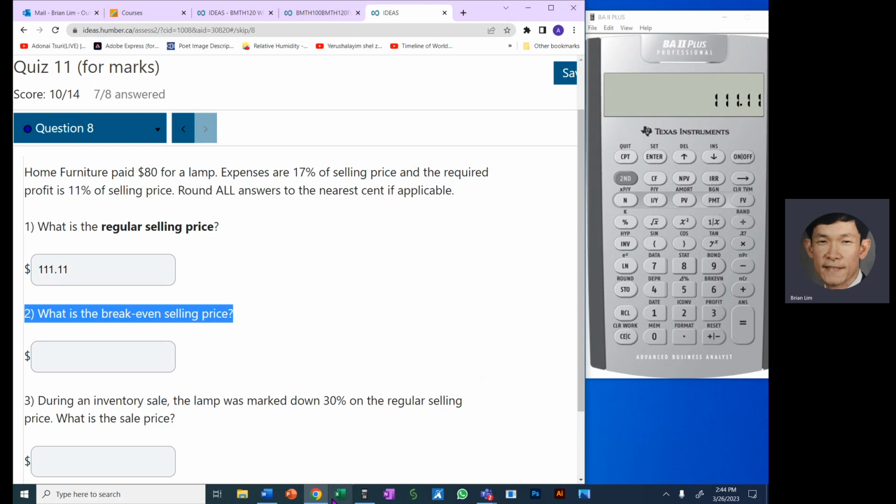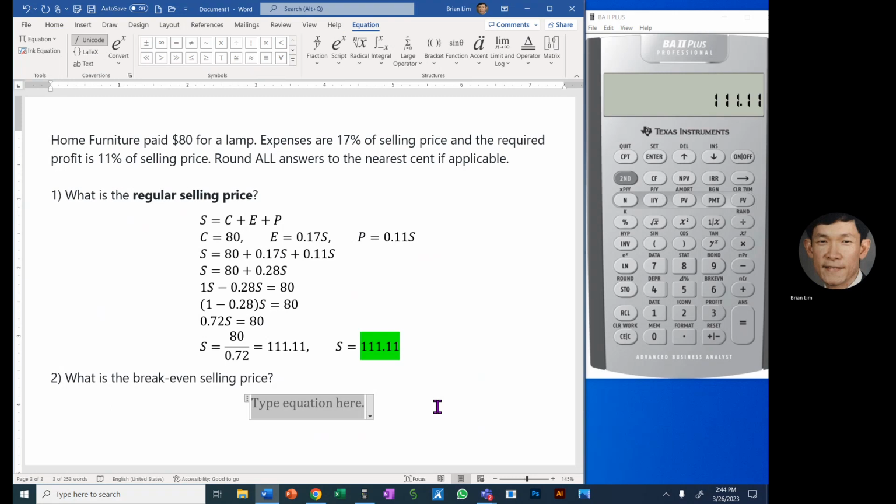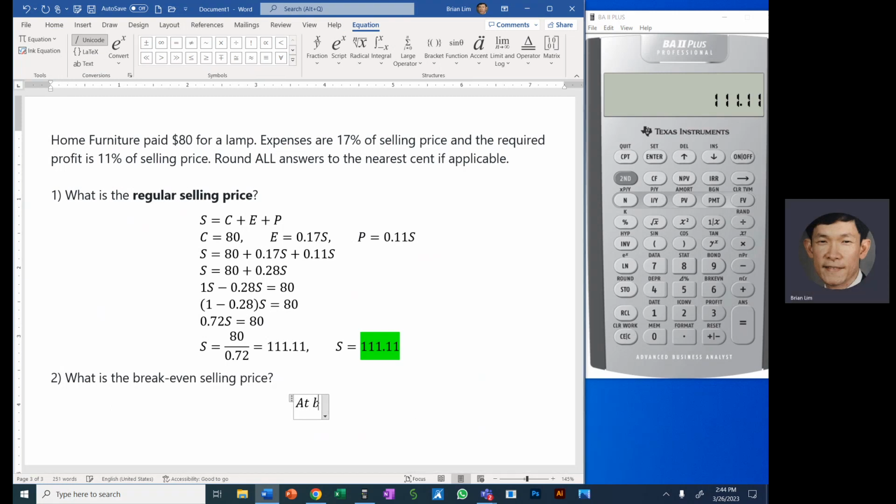So let's do that. We wish to get the break-even selling price. So what should we do? Well, we know that at break-even, the profit is equal to 0.